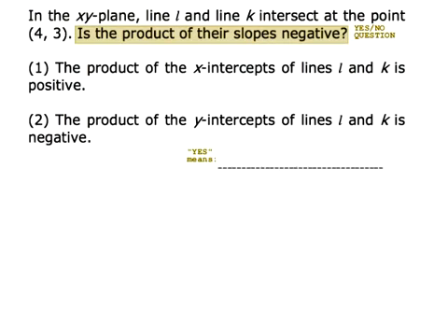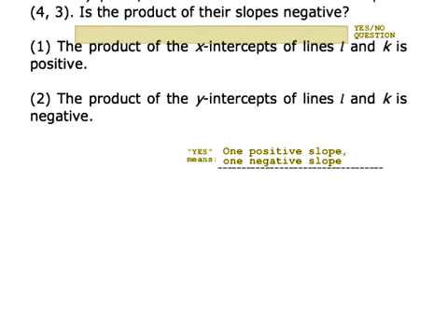Negative product is one positive slope and one negative slope. So that's what you should write, right? This is one goal, right? So one positive slope, one negative slope. That's the yes case.